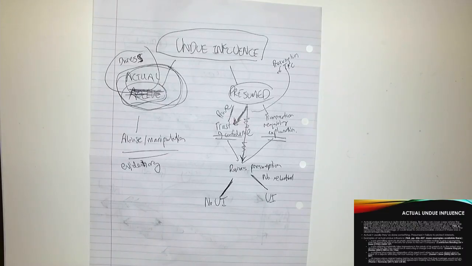usually these undue influence points occur in the context of a relationship that exists. There is relational capital that is there to be abused or manipulated or exploited. That's usually what happens, and in fact that occurs there. Okay, so the way to conceptualize the two is to say that actual undue influence seems to be a sub-cause of action that reflects when there has been an abuse or manipulation of a relationship to enter a contract.